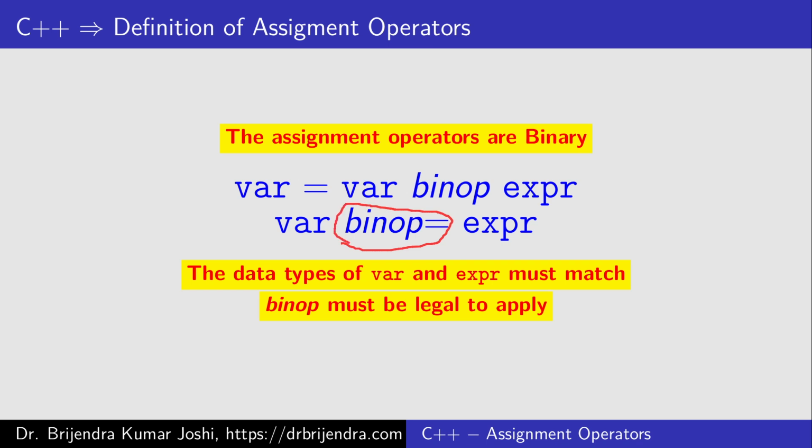We should remember that the data types of variable and the expression must match, and this binop, whatever binary operator we used, must be legal to apply. It means, for example, this variable is of type float, it is a real number, and this binary operator is left shift operator, and here we have written some floating point number, or maybe an integer.